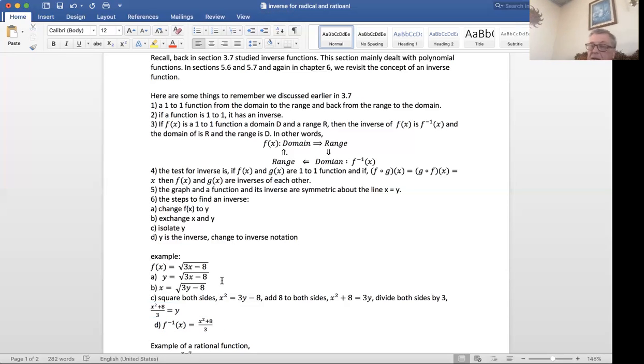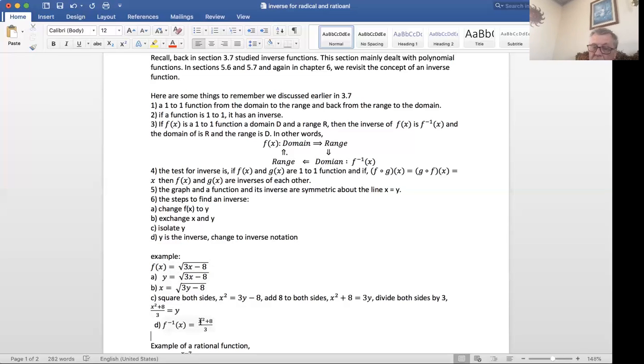So what does this mean exactly? Suppose I plug 4 into f of x. 3 times 4 gives me 12, 12 minus 8 gives me 4, and the square root of 4 is 2. So I plugged in a 4 and got an answer of 2.